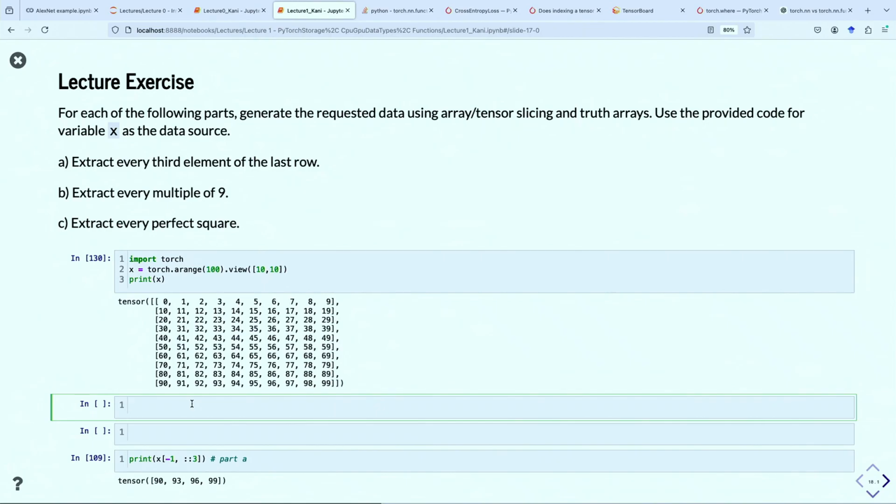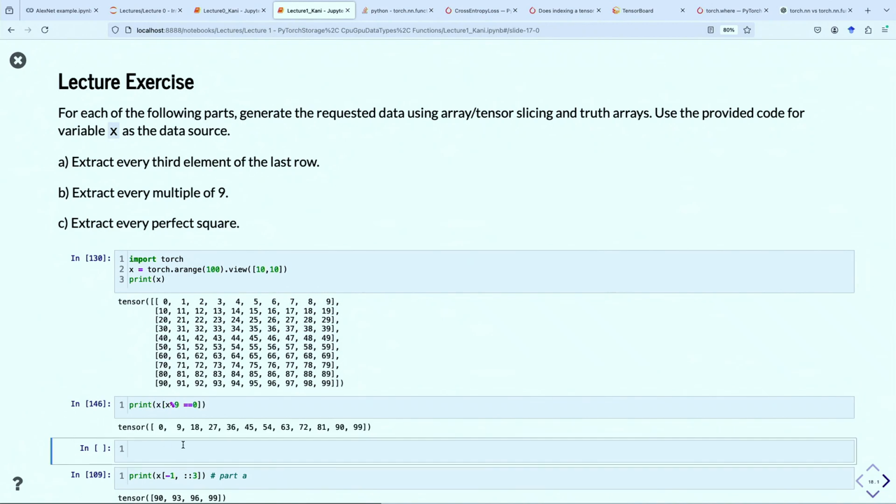Print A, and then square brackets, x, yep. Then square brackets x modulo 9 is equal to 0. Yeah, pretty much. Yep, exactly. Exactly on the money.